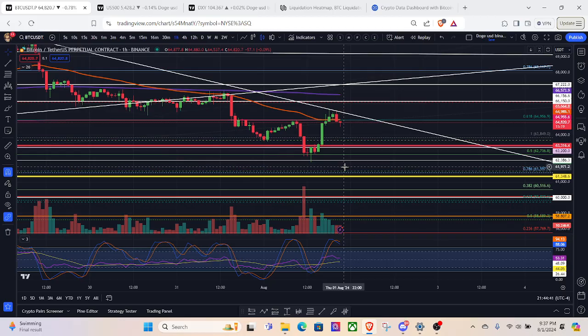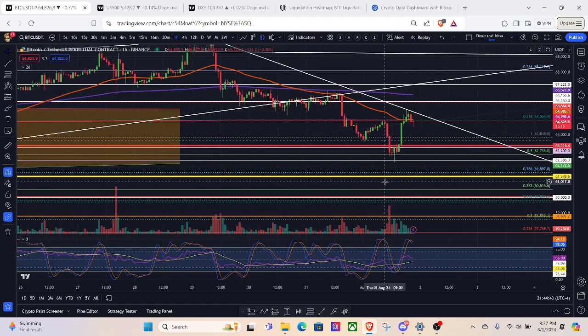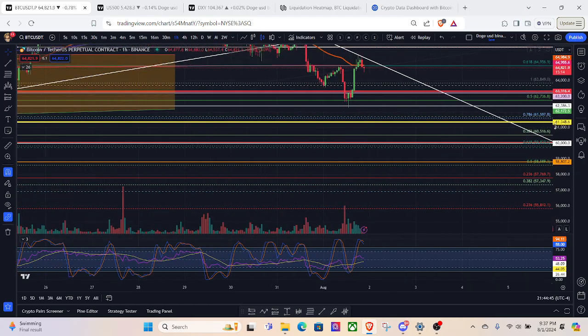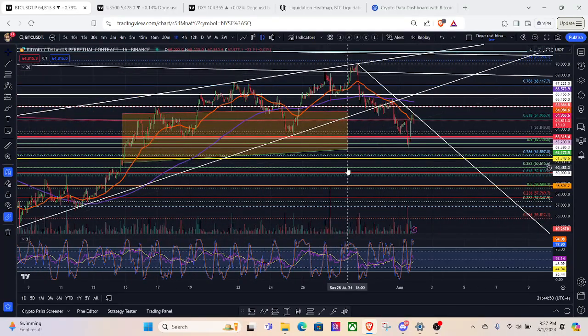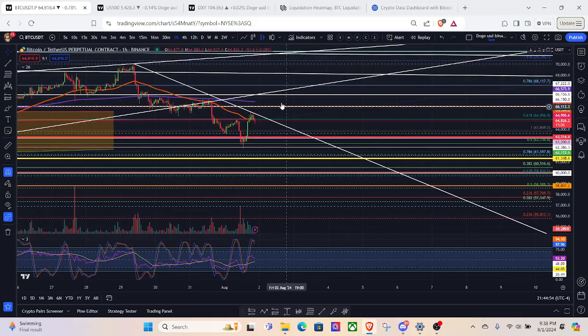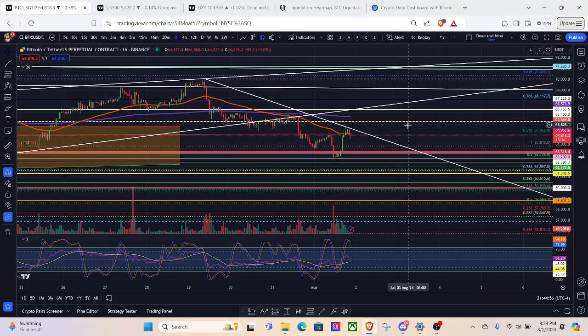So, for example, with Bitcoin, we have a target range for that rising wedge, which is in a macro bullish pattern. As we go down, I'm going to be scaling in buys from the top of that target range down to the bottom of it.